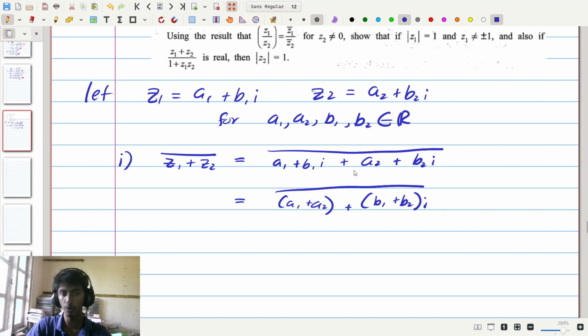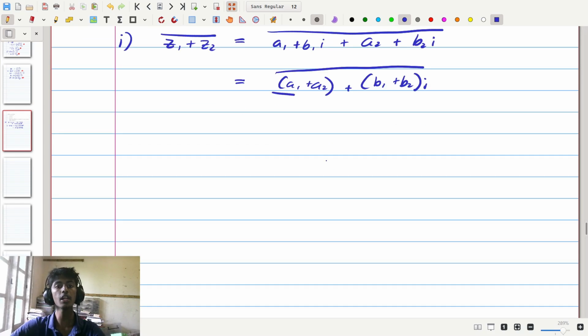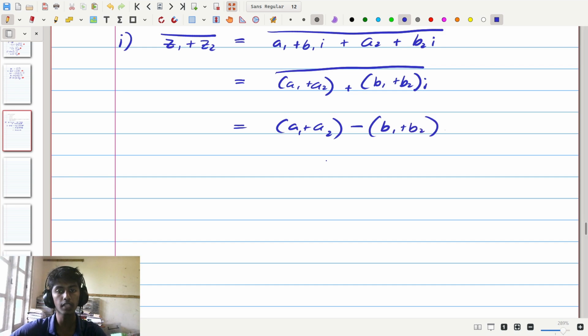Now as we know, when you have a complex number, the conjugate is simply going to be the real part minus the imaginary part of the original number. According to that, the real part here is A1 plus A2, and if you take the conjugate, it's still going to be A1 plus A2. However, the imaginary part is going to be subtracted instead of added. So the imaginary part in the conjugate is going to be minus B1 plus B2 times I.